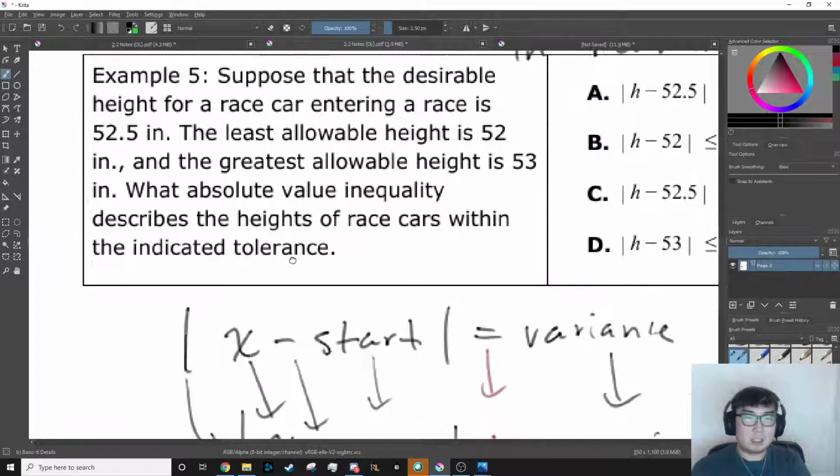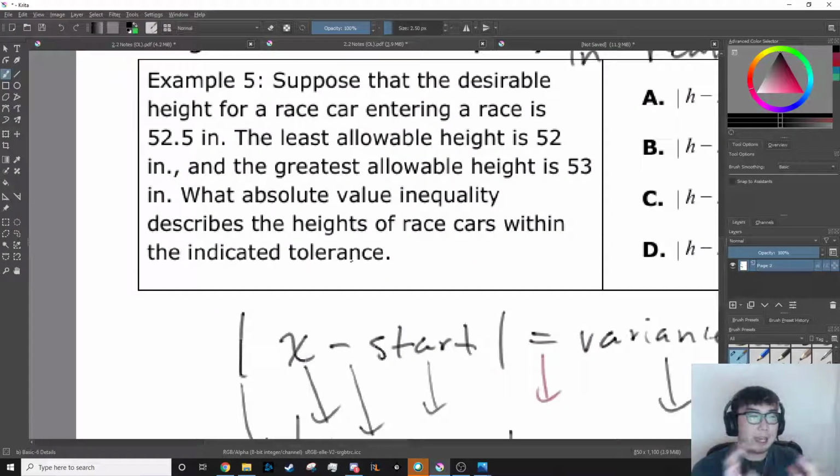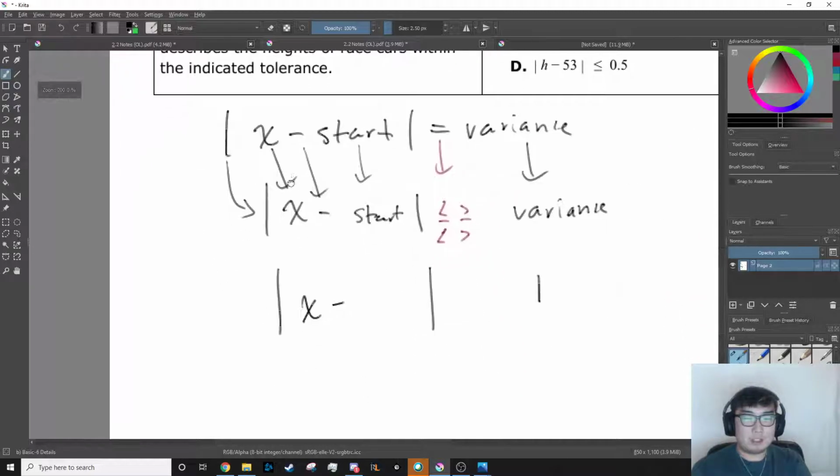The start is talking about the average or where you should begin. So the least is 52 and the greatest is 53. So that's not the average or the median. The median is this 52.5 inches.